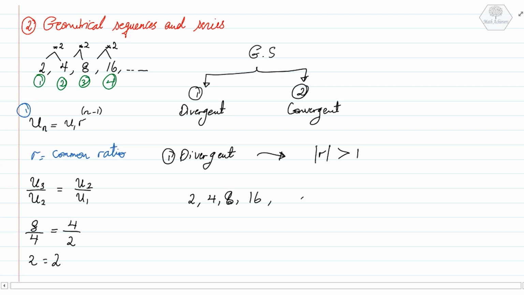If I go to infinity, I'll have an infinite value here, because the values are continuously increasing because the common ratio is greater than 1. So we call this type of sequence divergent.